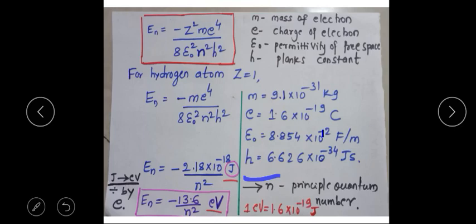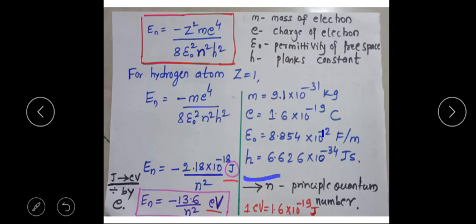It is the energy gained by an electron when it is accelerated through a potential difference of 1 volt. That is called 1 electron volt, and the energy gained is 1.6 into 10 to the power minus 19 joule. So 1 electron volt equals 1.6 into 10 to the power minus 19 joule.